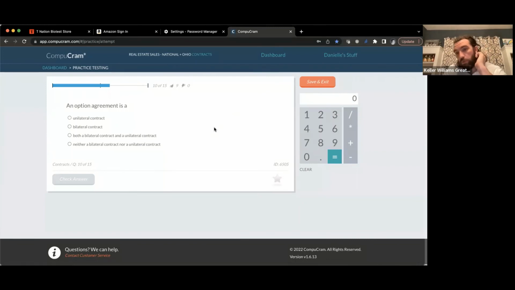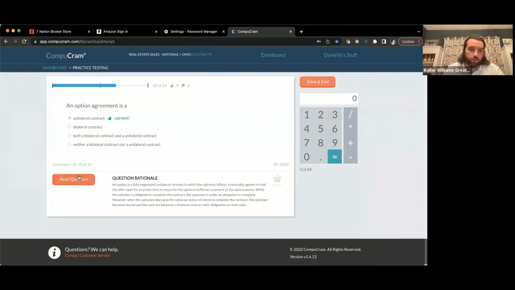Options have one person who gets to make the decision, right? Which means that they are unilateral, like unicycle, as in one tire, one decision maker. Options are unilateral contracts.